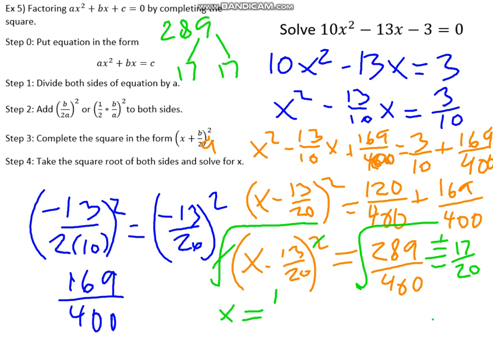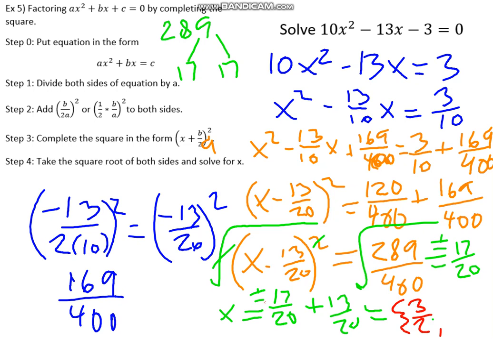So x equals 13 over 20 plus or minus 17 over 20, adding 13 over 20 to both sides from this previous step. And that's going to give us two solutions: the positive 17 over 20 plus 13 over 20, which is 30 over 20, which reduces to 3 halves.